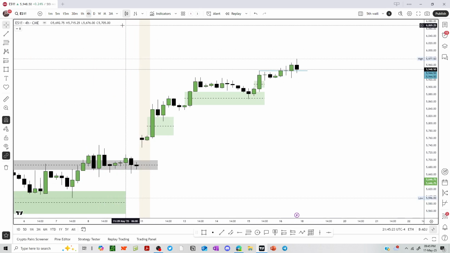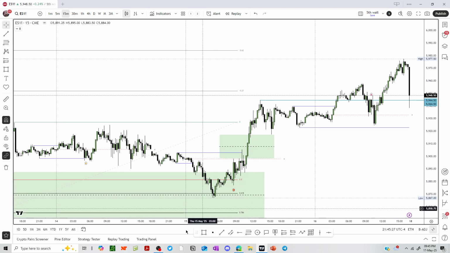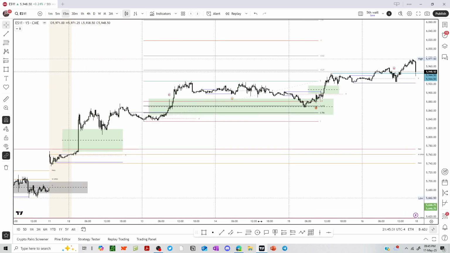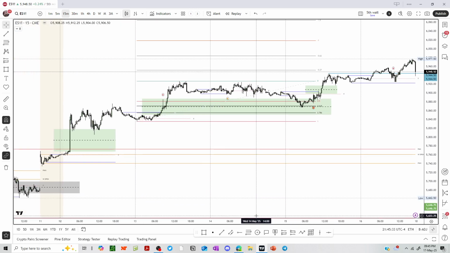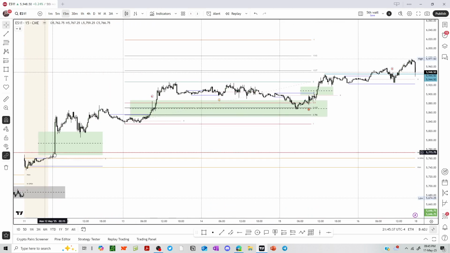Anyway, see what that looks like. Run on stops, low risk buy. Taking out buy side here, retracing, taking out this low.